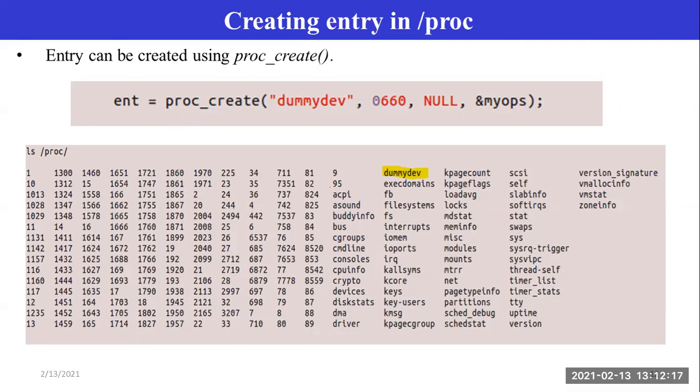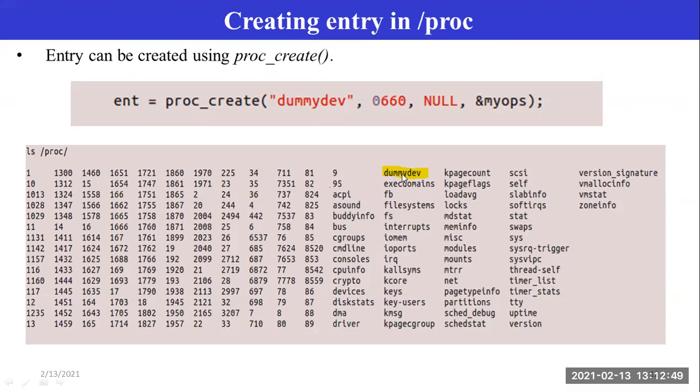As an example here, I am planning to create a file called dummy dev, and I am planning to provide both read and write permission, as I'm putting it as 6.6. So once this line is executed in the kernel module, a corresponding file will be created in the /proc, as you can see here.